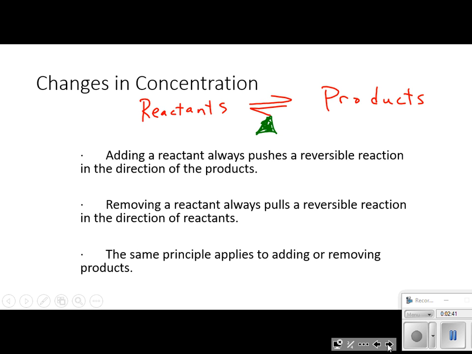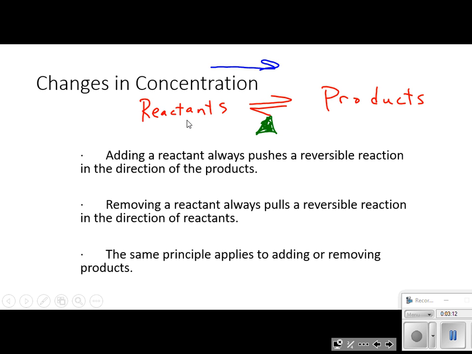If I add reactants here on my teeter-totter, what's going to happen? That side's going to tilt down, isn't it? It's going to be heavier. So what way will the equation adjust? It's going to go that way and make more products. So, if I add more reactants, the equation adjusts by going that way and forming more products.